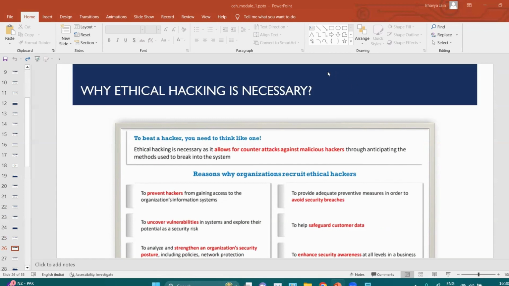Of course, we need to hire these people to avoid unnecessary attacks from outside. At least they can find the weak points in our system, and then we can fix them before somebody from outside tries to attack it and steal all the data. That's right.